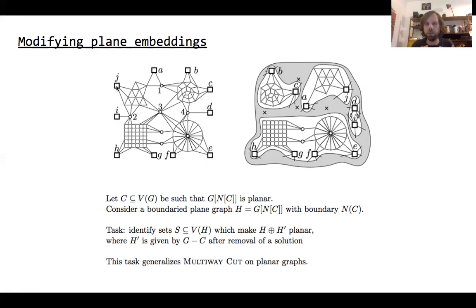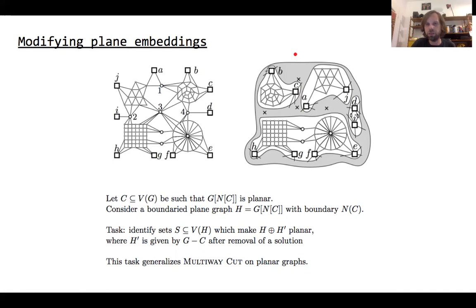After removal of the optimal solution in the entire graph G, we obtain some planar components which are connected to the graph H only via the terminals.